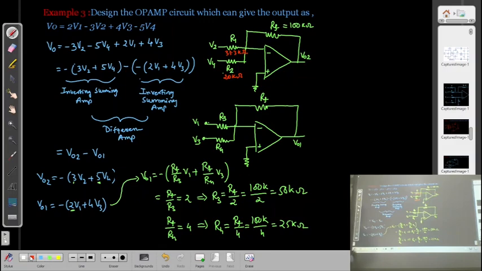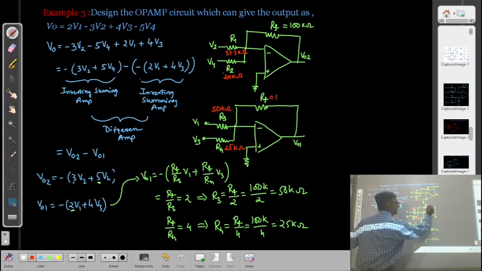So here if we connect R4 as 25 kilo ohm and this one as 50 kilo, RF is 100 kilo ohm. Correct? That will give you the VO1.